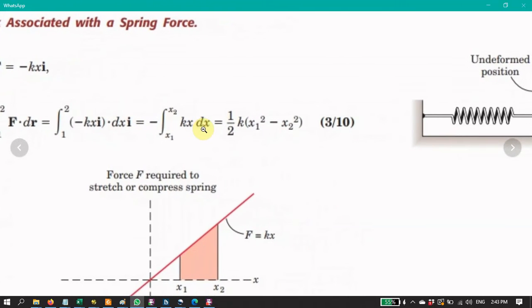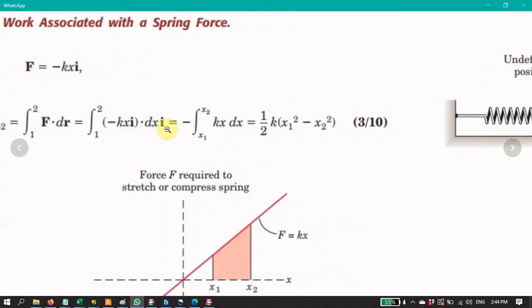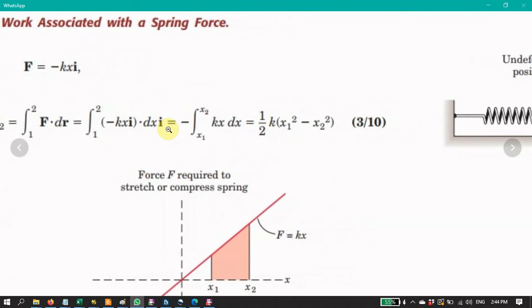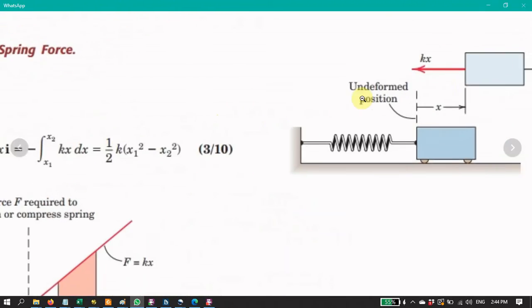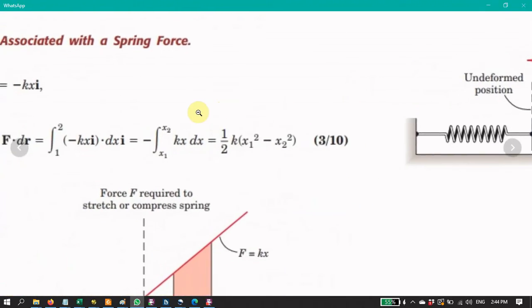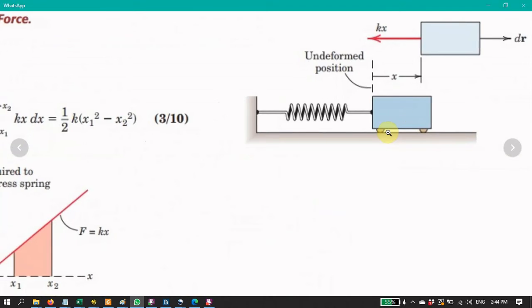So in a spring you have what you call the undeformed position when there is no load, right? So if you are pulling, for example, in this figure we have a cart with two wheels.